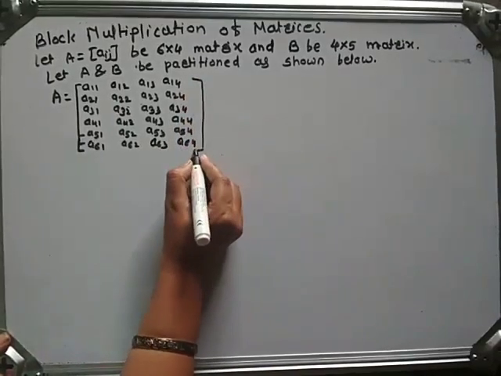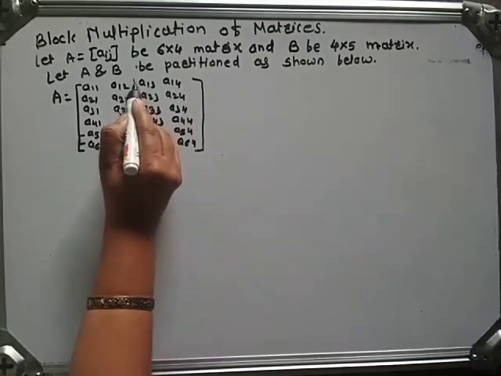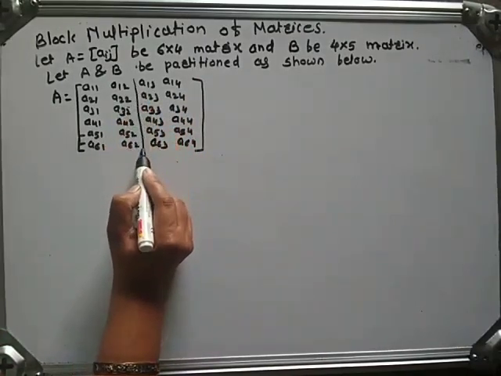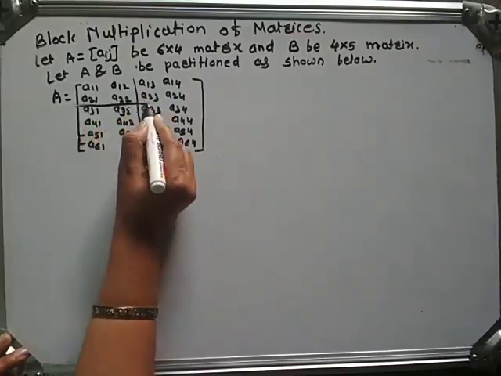This is matrix A and it is partitioned by drawing one vertical line and two horizontal lines.